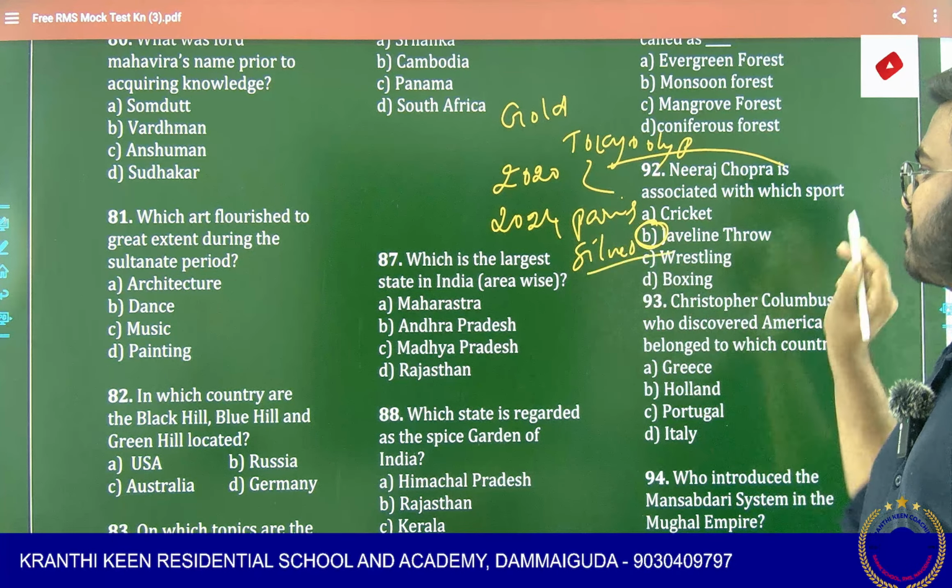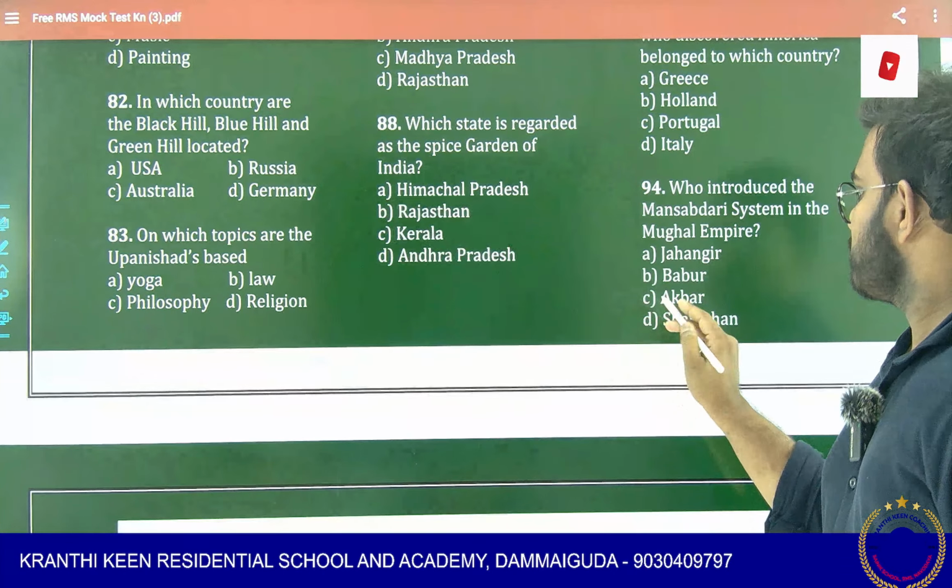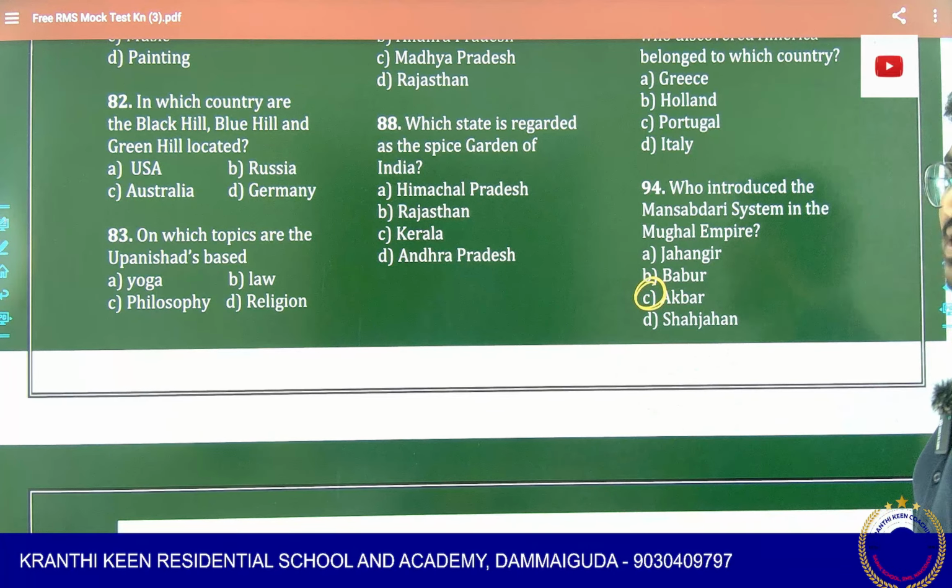Next, who introduced the Mansabdari system in the Mughal Empire? Akbar. The Mansabdari system is nothing but a collection of taxes made by the head of a particular village.